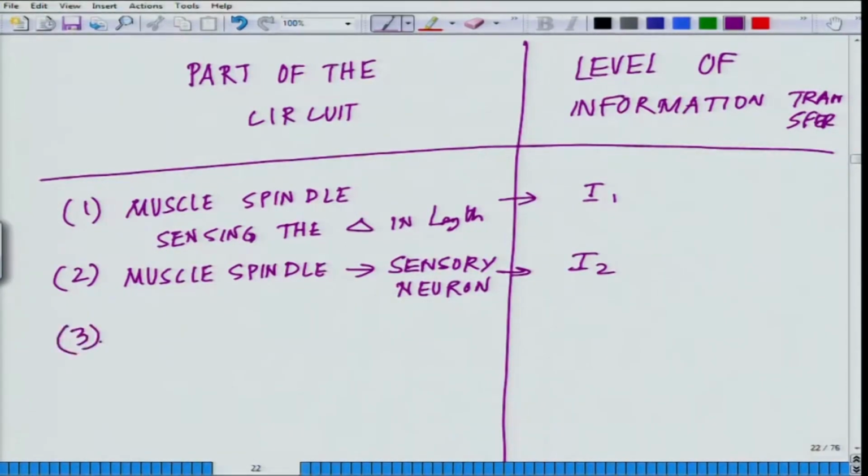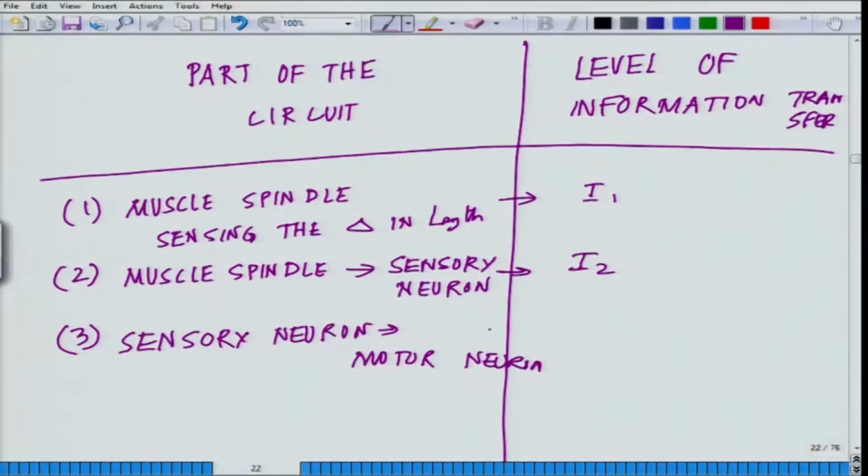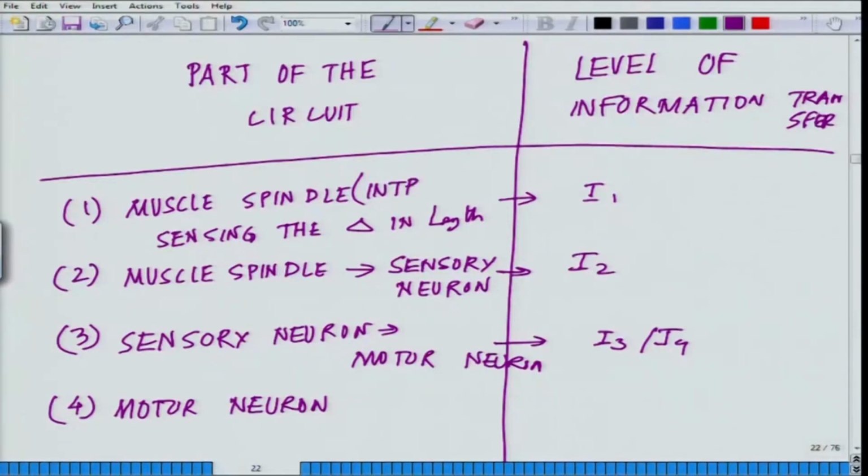Third information, sensory neuron to motor neuron, or I am not adding the complexity, it could be through interneuron, from interneuron to motor neuron. Okay. Let us keep it simple, I3, and I4 in case it is through interneuron. Okay. Then fourth, motor neuron, or let us put it like that, muscle spindle or intrafusal fiber.